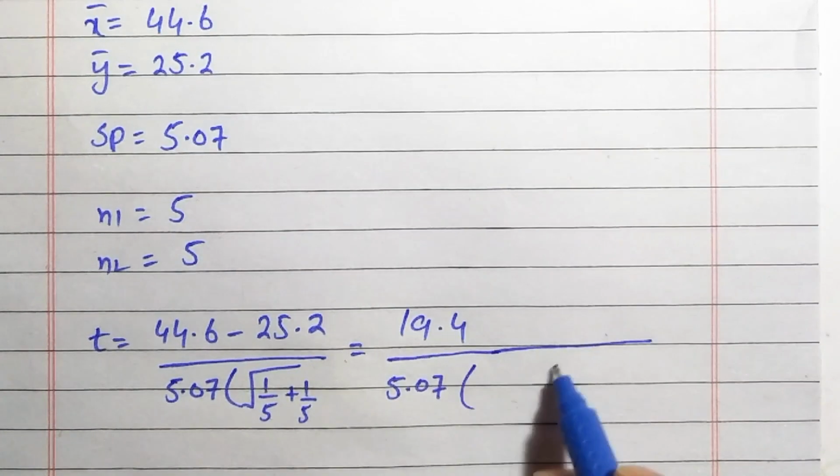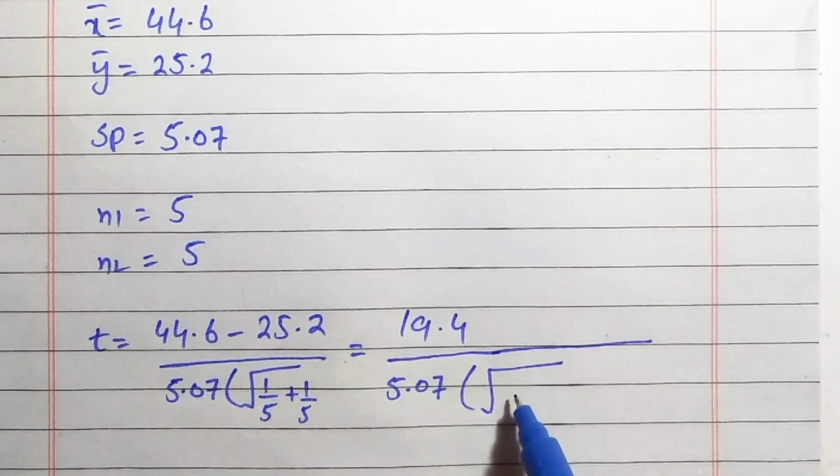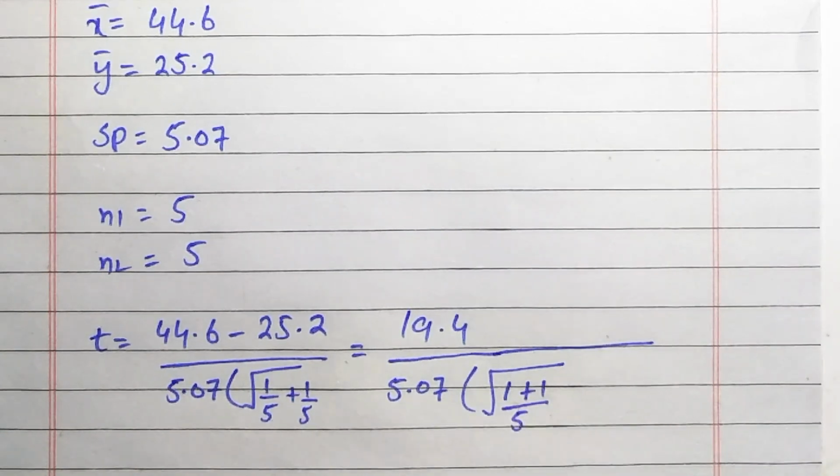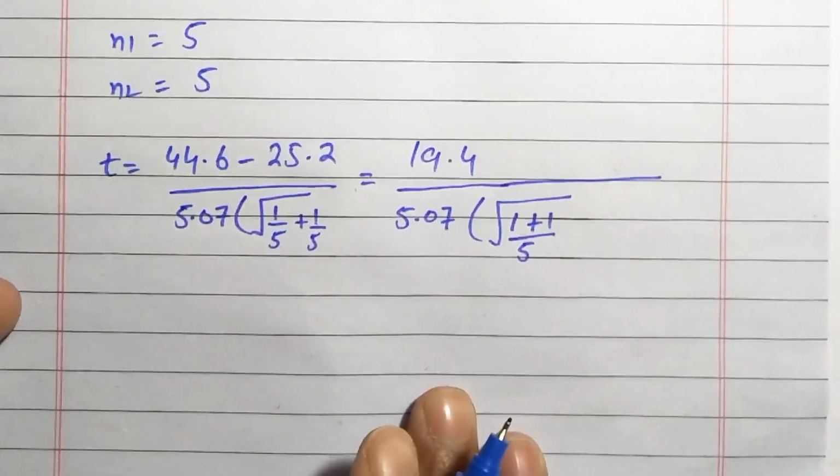Here we are going to take the LCM of 1 over 5 plus 1 over 5. The LCM comes out to be 5, and when 5 is divided by 5, the answer is 1, and again 5 divided by 5 is 1.